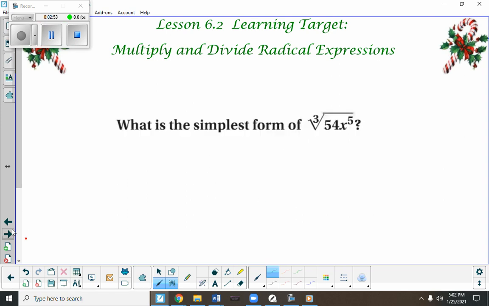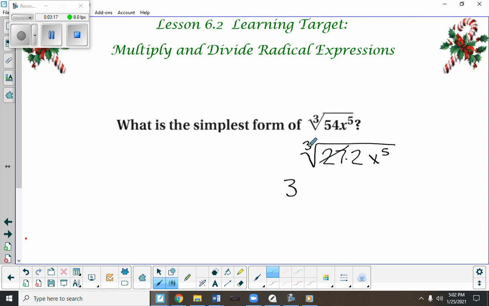Let's do that with a cube root. So if you look at your list of perfect cubes, you'll find that 54 is not a perfect cube, but 27 is, and that is a factor of 54. So you want to break that down. Now the cube root of 27 is 3.